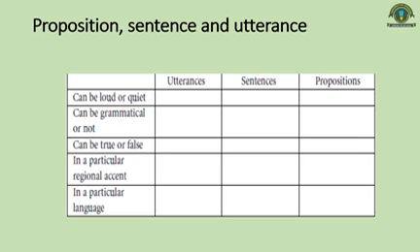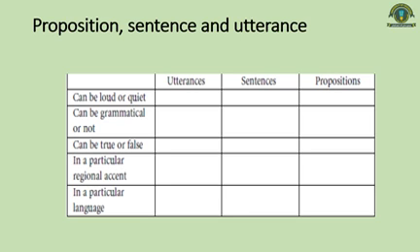The second thing is, can be grammatical or not. Utterances, obviously, can be grammatical or not, so we will put a plus sign in this box. Sentences can be grammatical or not. Of course, yes, so we will again put a plus sign. If we talk about propositions, we will say no, so we will put a minus sign.